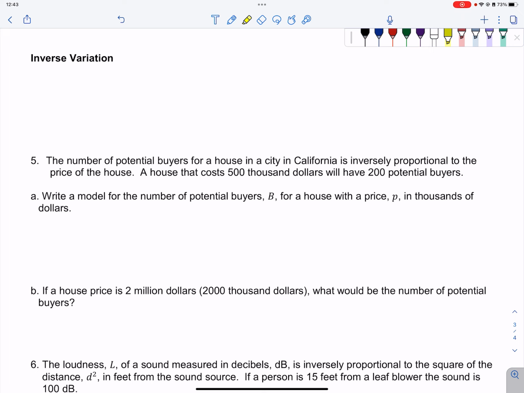So with variation, we also have what's called inverse variation.